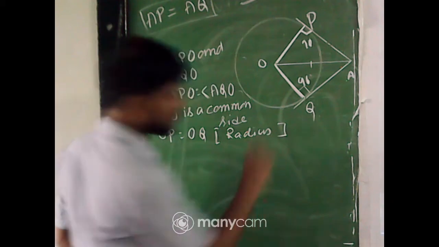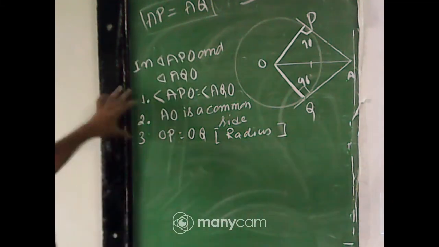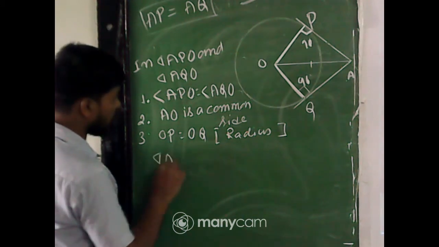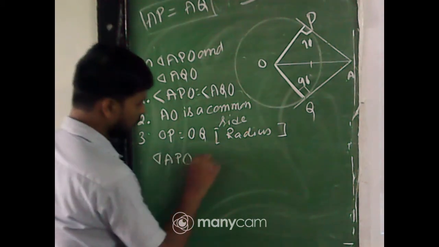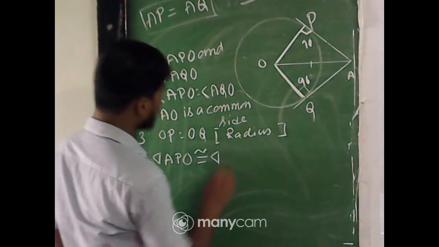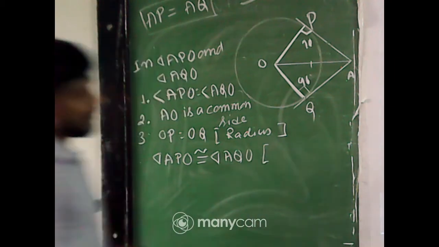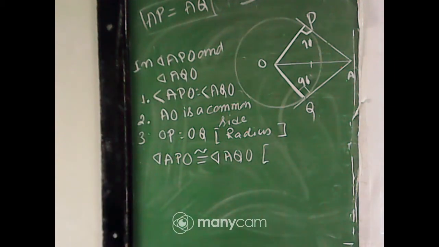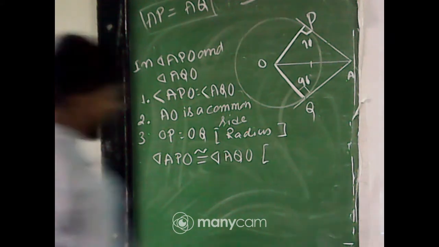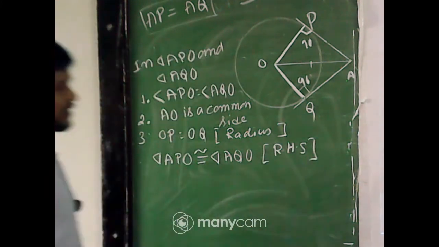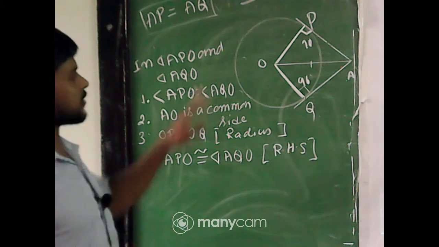Now from these three conditions, we can say that triangle APO is congruent to triangle AQO. Can you tell me by which criteria the triangles are congruent to each other? Yes, very good. This is right angle, hypotenuse, side. By RHS criteria, we can say that the triangles are congruent to each other.